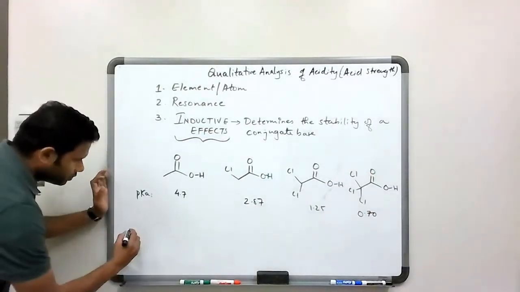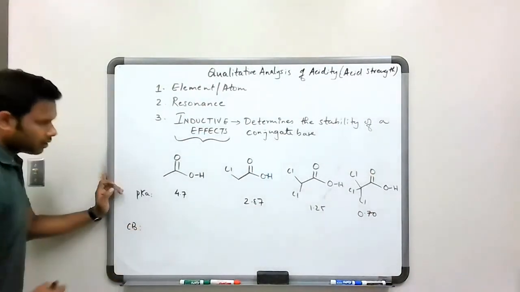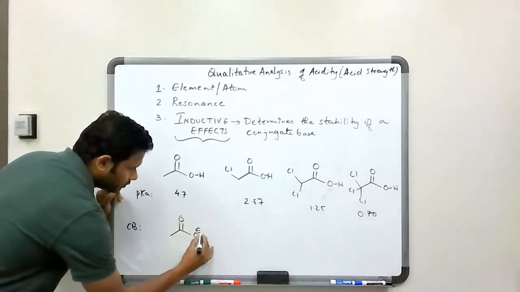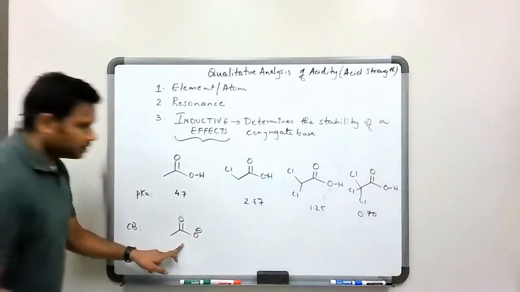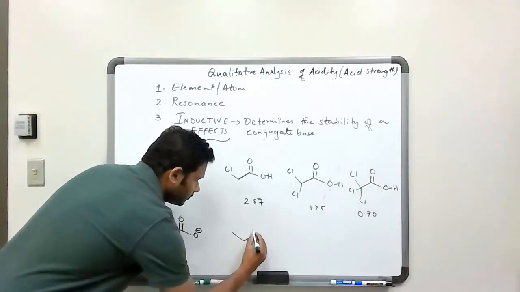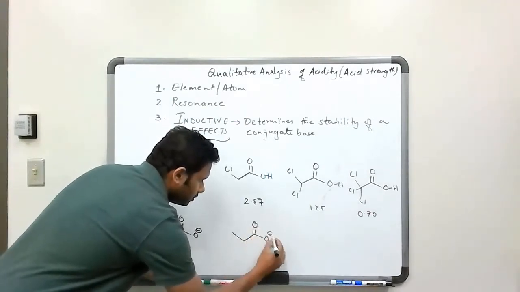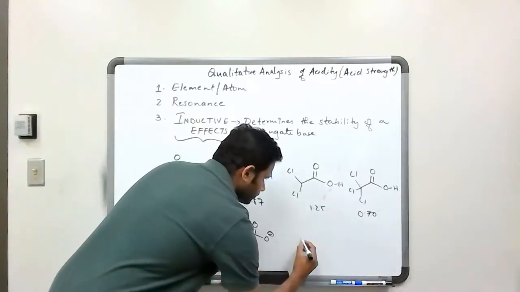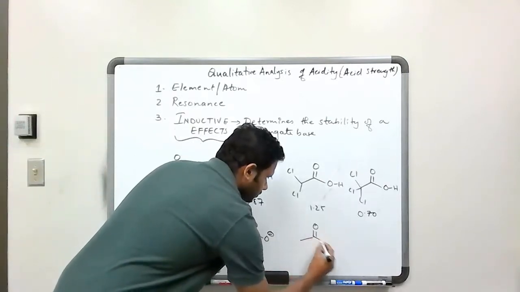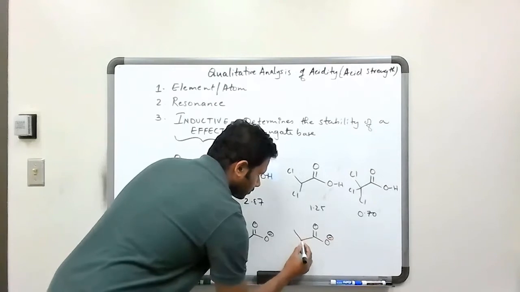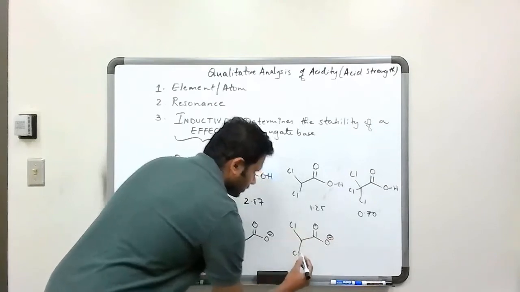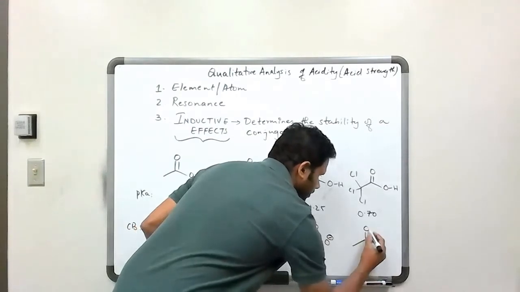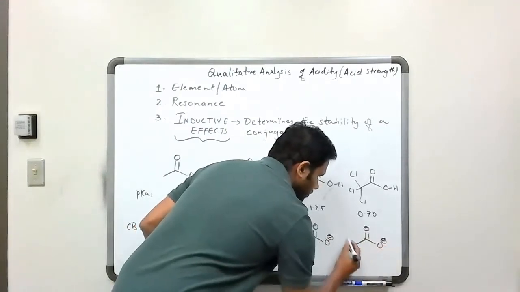And we should be able to explain this based on the conjugate base, because when we draw the conjugate base for each one of these, we've got the acetate, we get the chloroacetate, we get the dichloro, and we have a trichloroacetate.